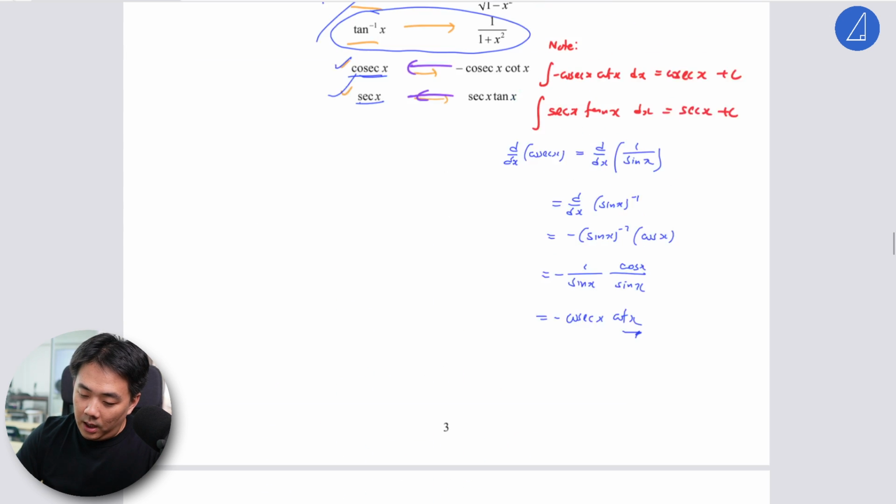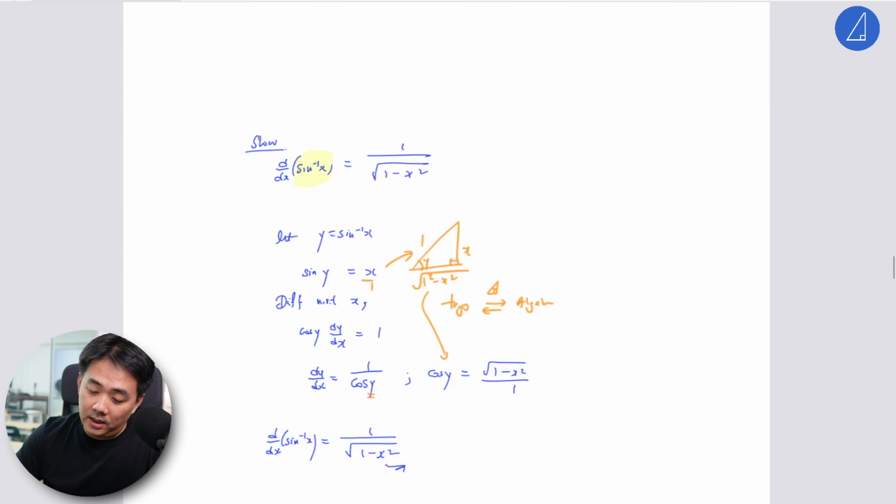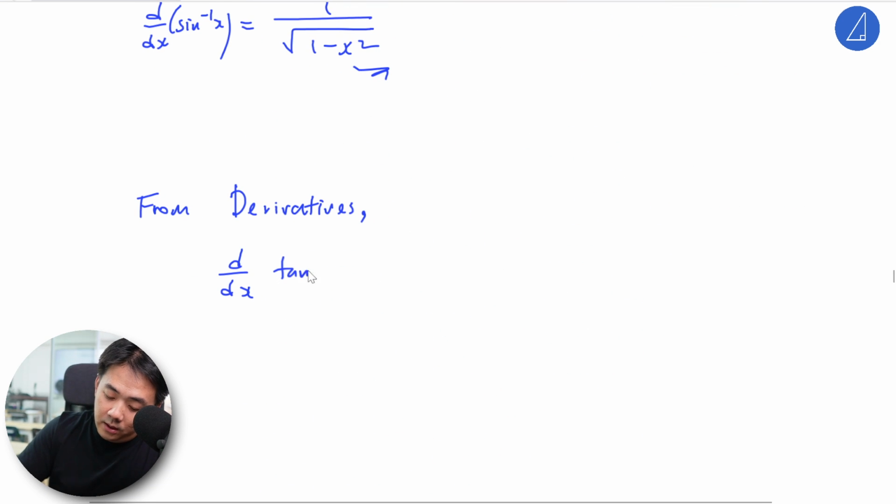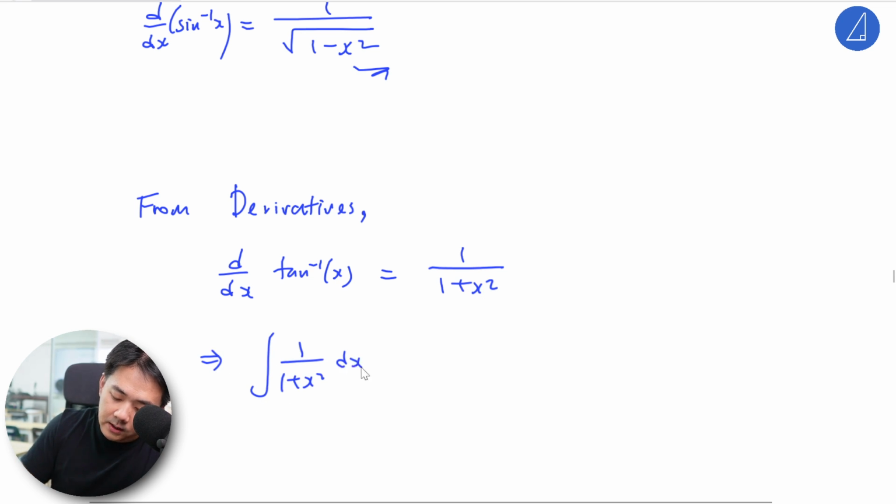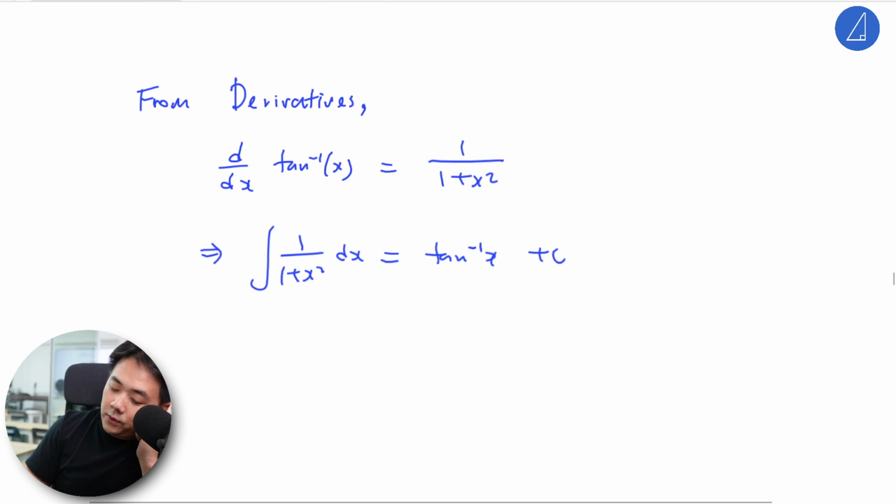Okay. But I think the easiest is to understand that from the derivatives, you know that differentiating tangent x gives you 1 plus x square. So essentially, you know that integrating 1 over 1 plus x square dx will be equals to tangent inverse x plus c lah. Okay. So replace x with x over a.